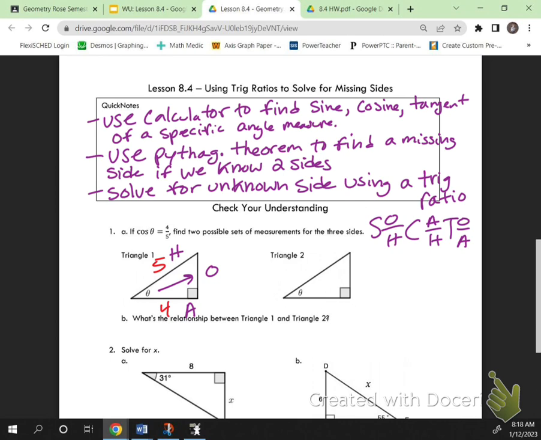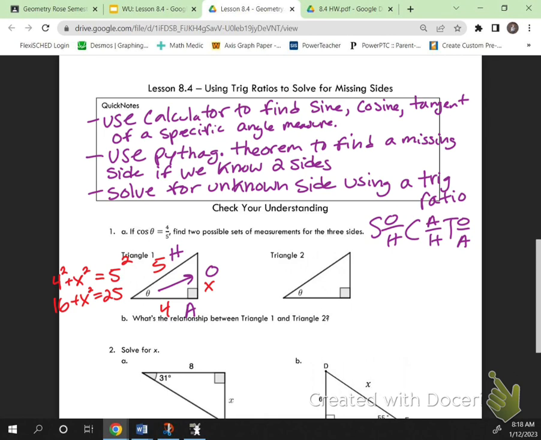How could I solve for that third side? Pythag. Okay, which one's A and B and which one's C? Hypotenuse is always C. 4 squared plus unknown squared equals 5 squared. 4 squared is 16, 5 squared is 25.